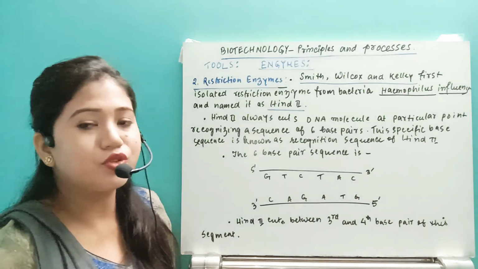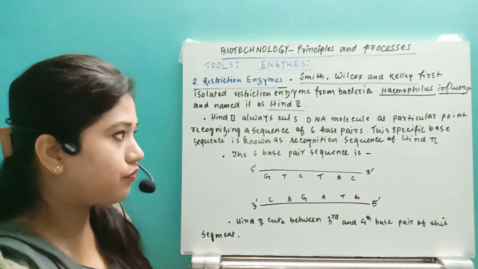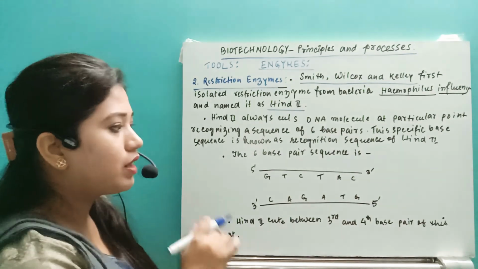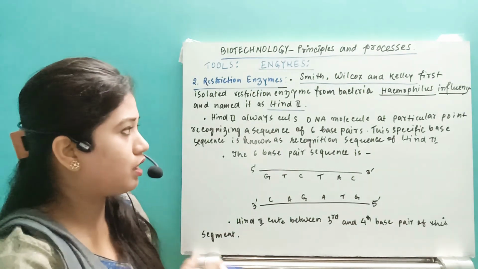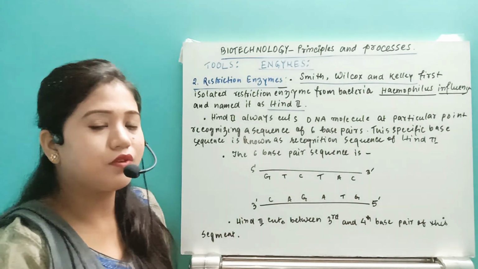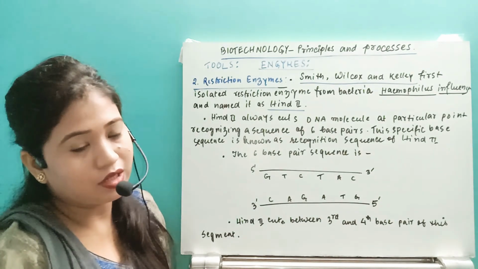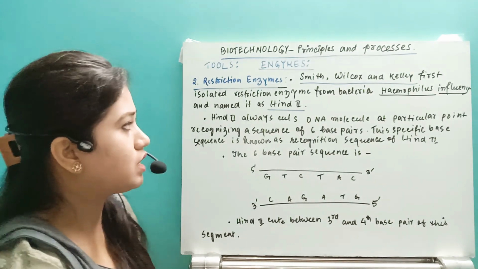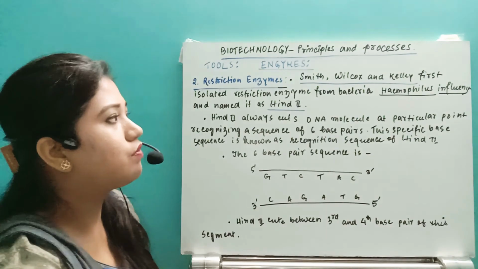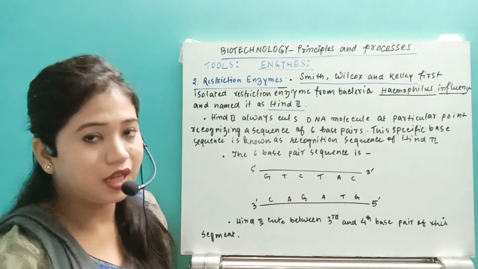We'll come to the nomenclature. Before that, let us see what HindII is. HindII was the first discovered restriction endonuclease enzyme, discovered by Smith, Wilcox and Kelly.